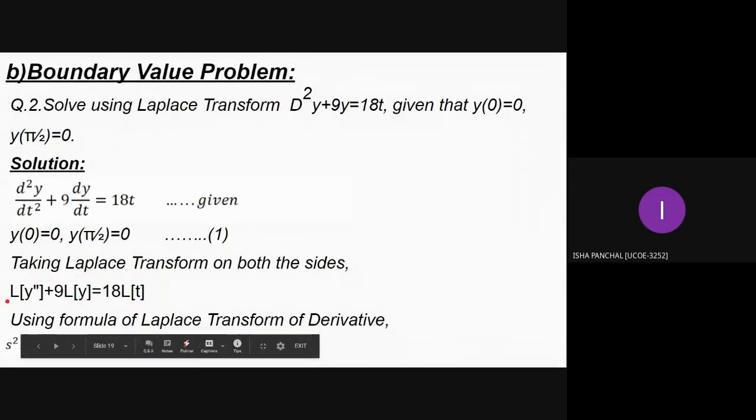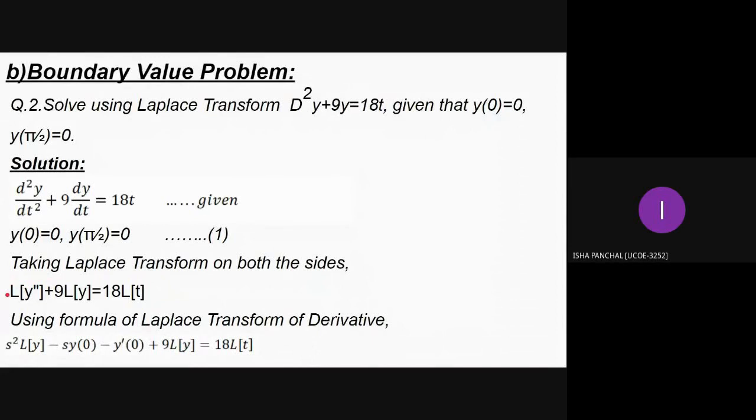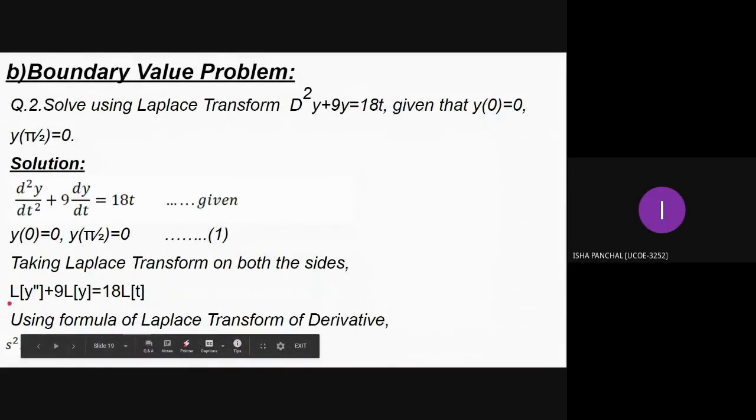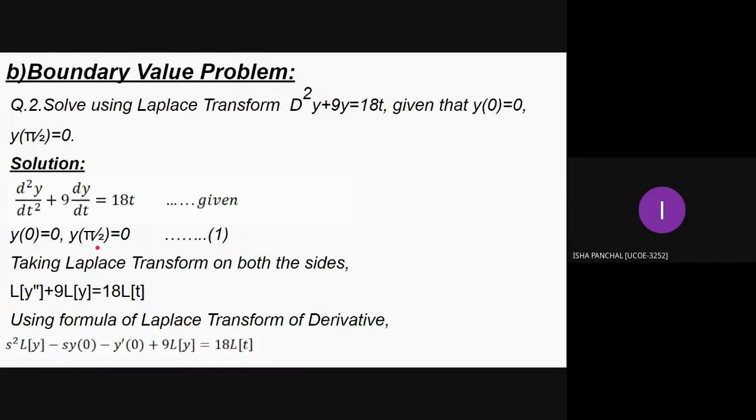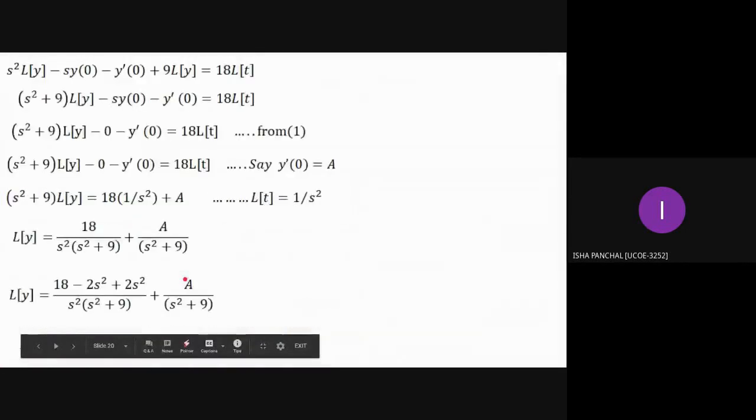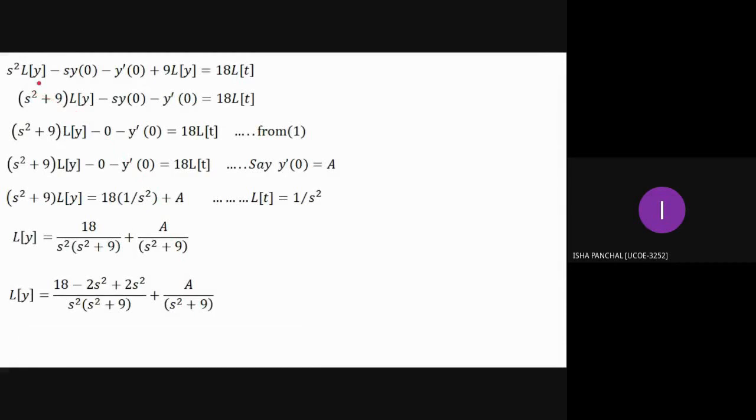Now using the formula of Laplace transform of derivative, we get s squared Laplace of y minus s into y of 0 minus y dash of 0 plus 9 into Laplace of y is 18 times Laplace of t.